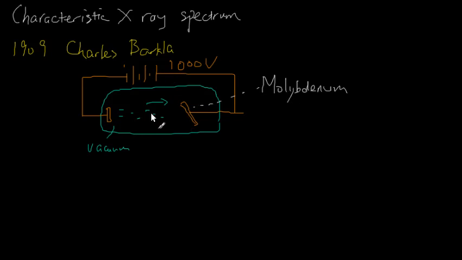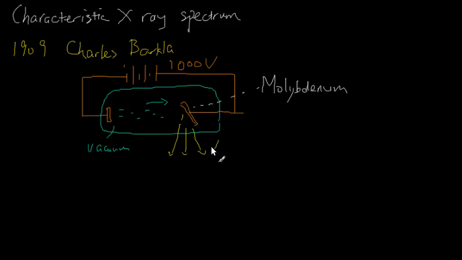When this beam of electron hits the positive plate, the kinetic energy of the electron would apparently be converted to X-ray. So X-ray would start coming out from the positive plate when the electron hits it.